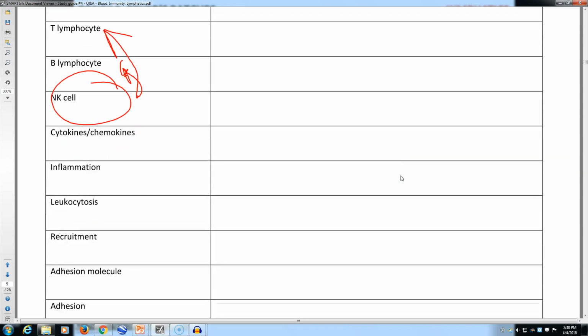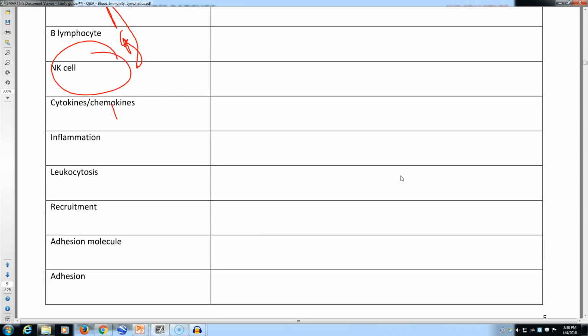Cytokines, chemokines, again. So yeah, inflammation. For the inflammation, you need to understand that mechanism that we discussed. Inflammatory cytokines and chemokines enter the bloodstream, act upon the bone marrow, induce leukocytosis, right? Elevated number of leukocytes.